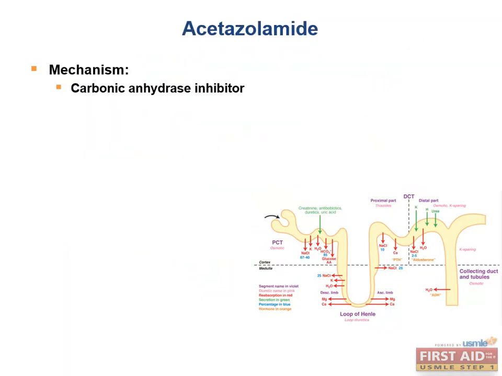The next drug is acetazolamide, which we mentioned is a carbonic anhydrase inhibitor. By inhibiting carbonic anhydrase, bicarbonate is not reabsorbed because it's not converted into what? CO2. And this causes the bicarbonate to be lost with sodium in the urine.